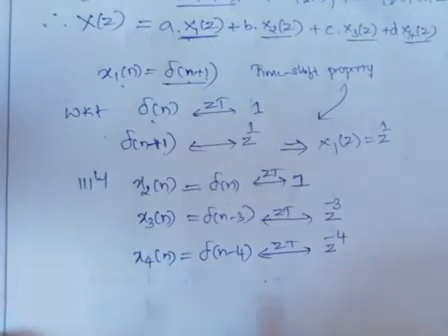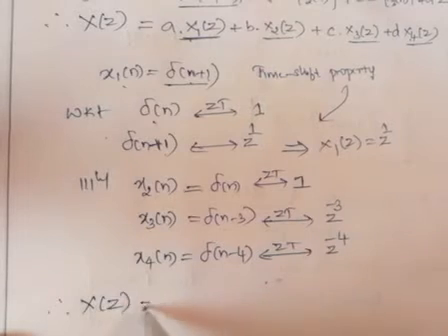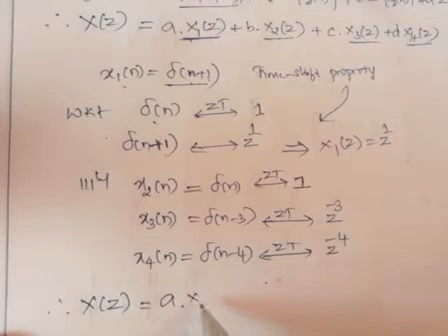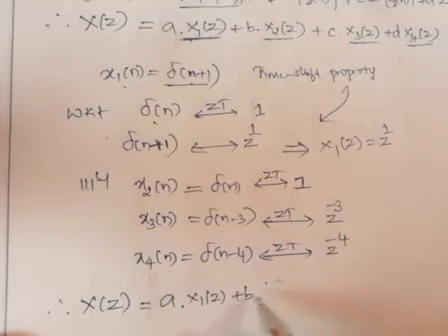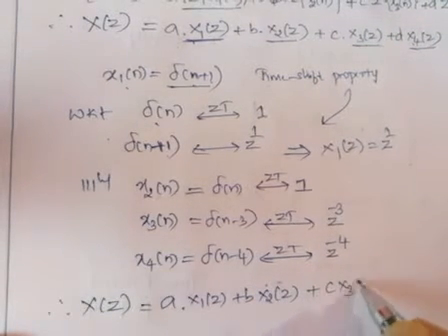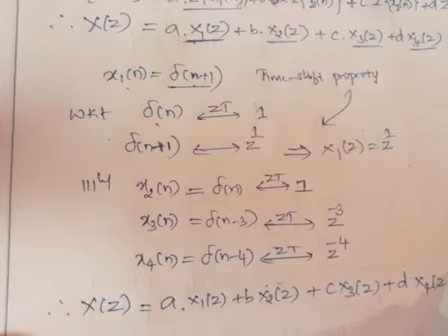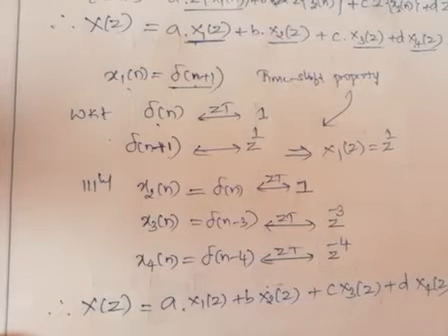Hence x of z equal to a into x1 of z, plus b into x2 of z, plus c into x3 of z, plus d into x4 of z. Let us substitute here. What is the value of a?